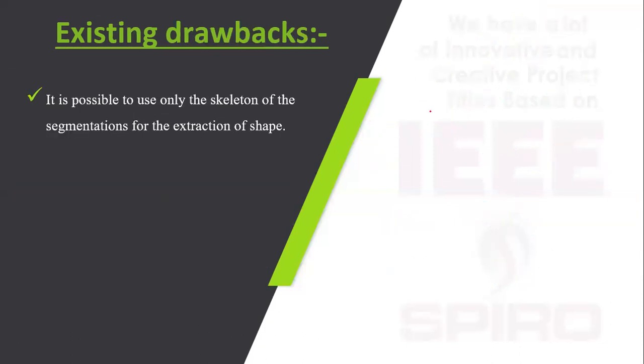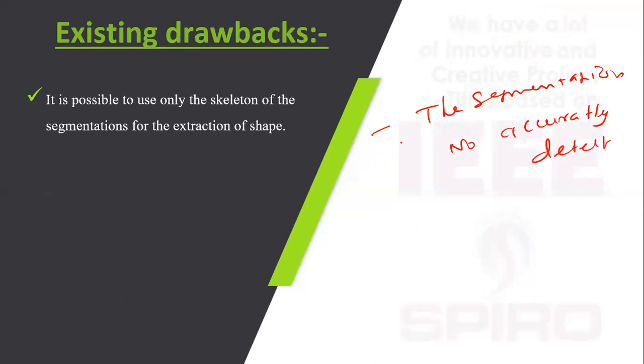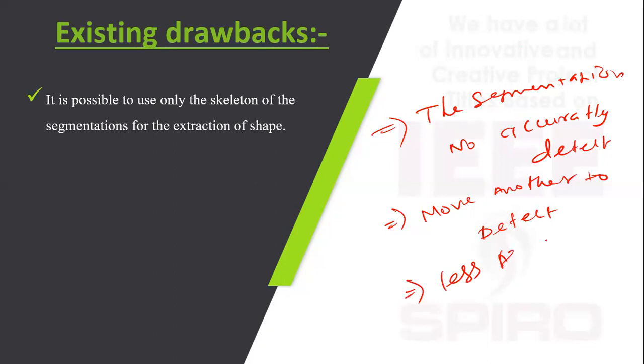The existing drawbacks are that the segmentation is not accurate and does not detect accurately. So we move to another model to detect, as this gives somewhat less accuracy and is a very bulky process.